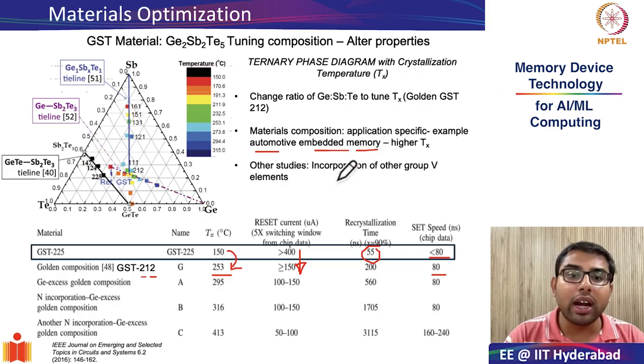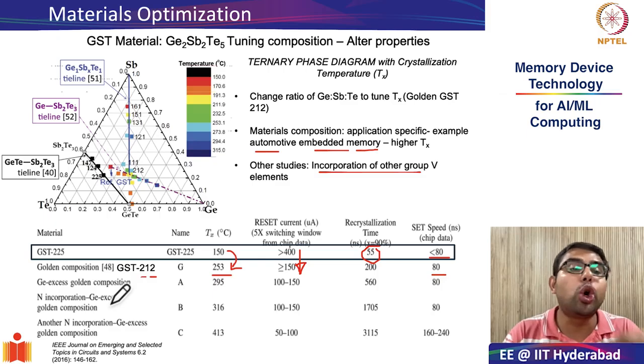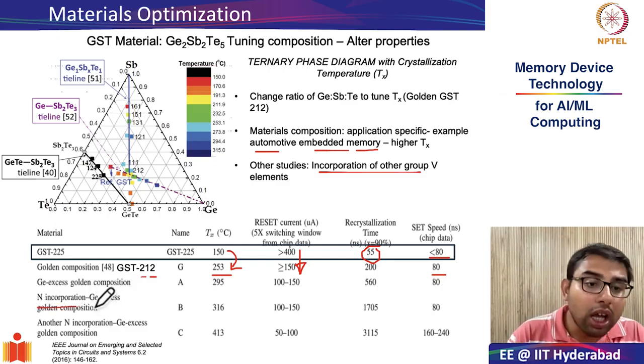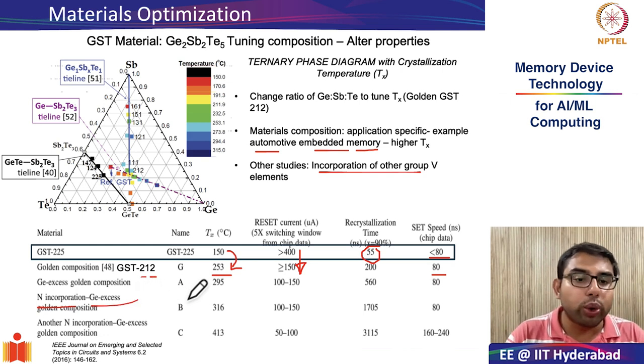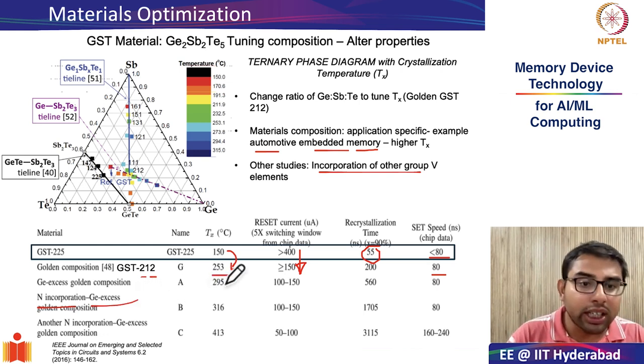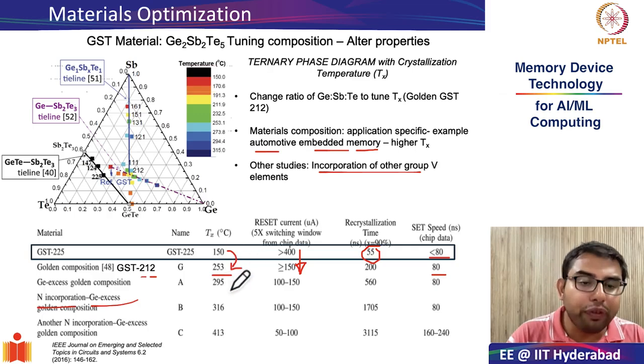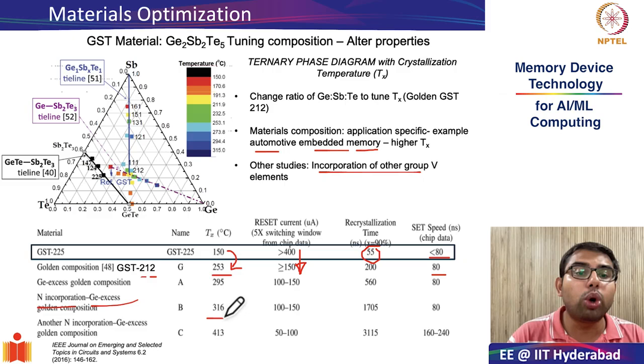And people were able to achieve that by incorporating other group 5 elements such as nitrogen along with having an excess of germanium. So as you can see, by playing all these tricks, by having excess germanium, you could increase it by another 50 degrees, and by incorporating nitrogen, you could go to almost 316 degrees.